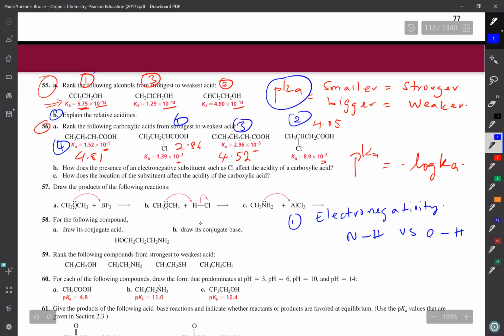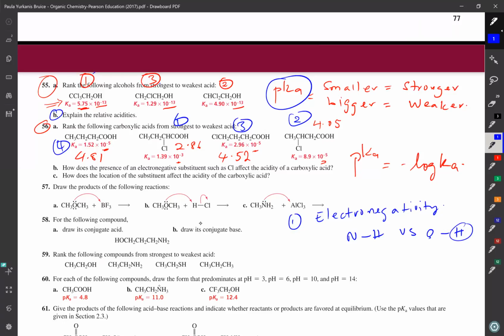Oxygen is more electronegative, and so the hydrogen atom connected to the most electronegative atom is the more acidic. So in this case, this will be my most acidic. And take note, this is only true when you are comparing atoms of the same period of the periodic table. That's where electronegativity is important. Does that make sense?